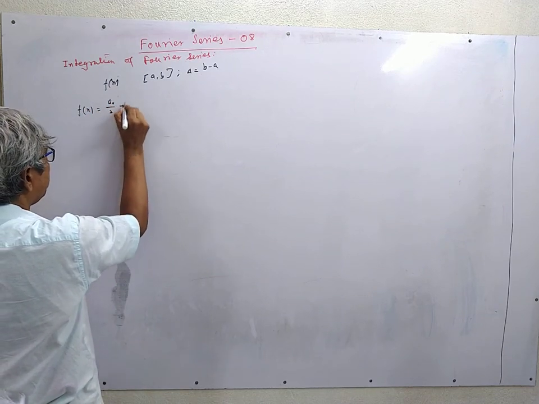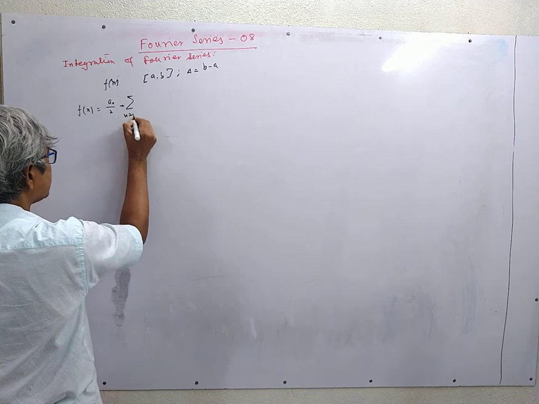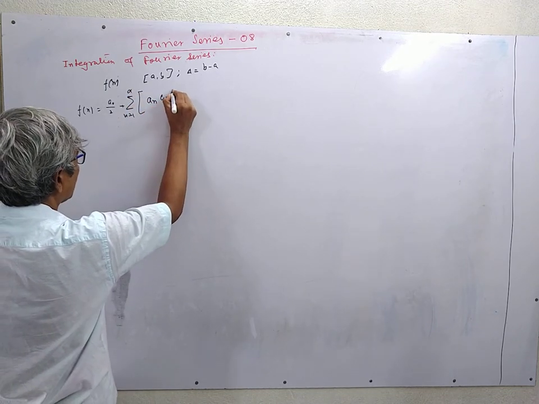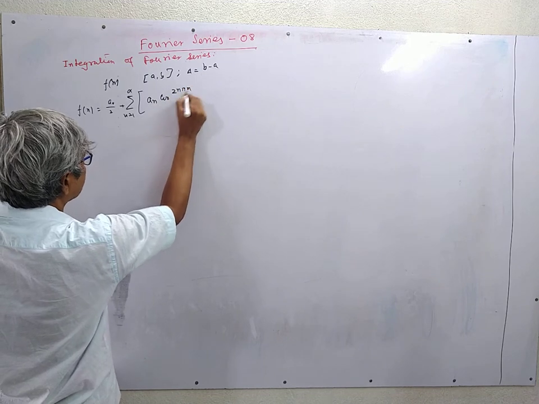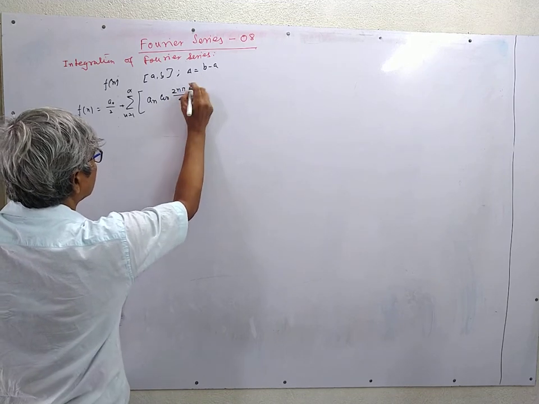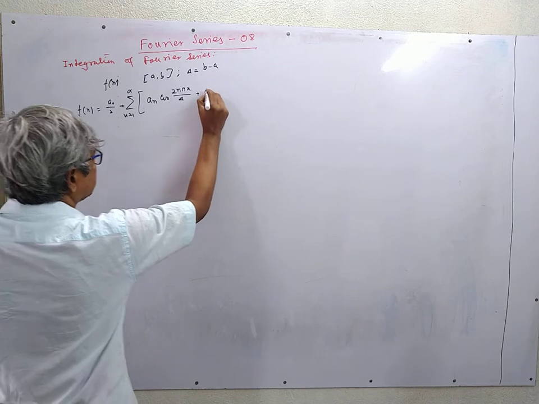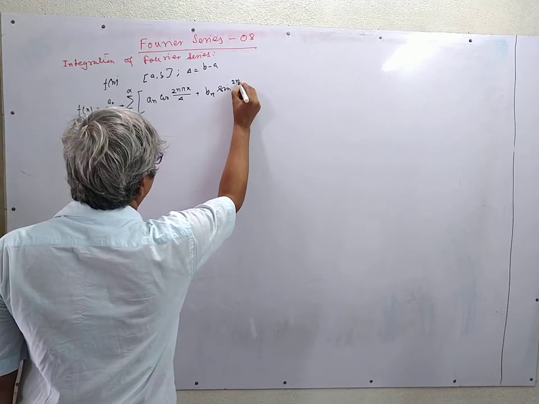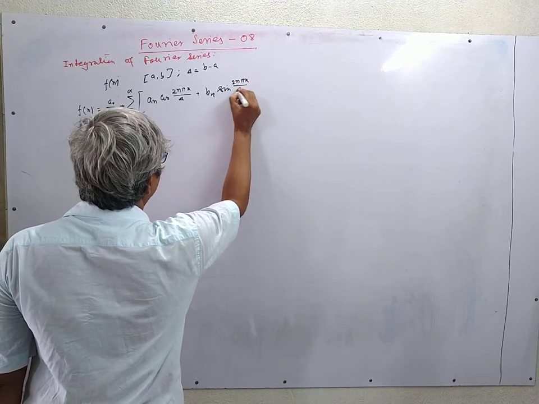a0 by 2 plus summation over n is equal to 1 to infinity, a n cos of 2n pi x by delta plus b n sine of 2n pi x by delta.